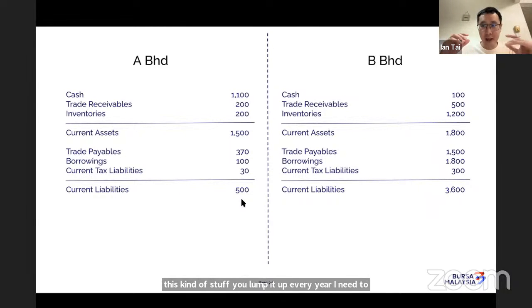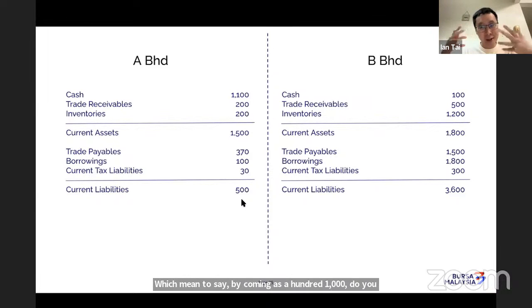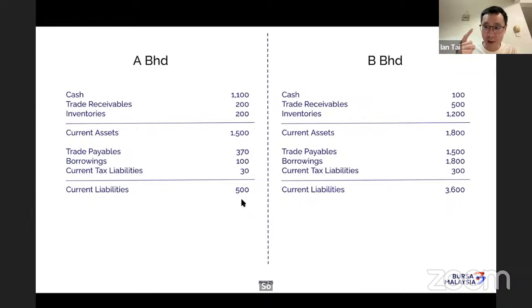If my current asset is just cash, 100,000 in my bank account, and my annual expenses are 100,000, then 100,000 divided by 100,000 means my money can last me for 1 year, 1 tahun.